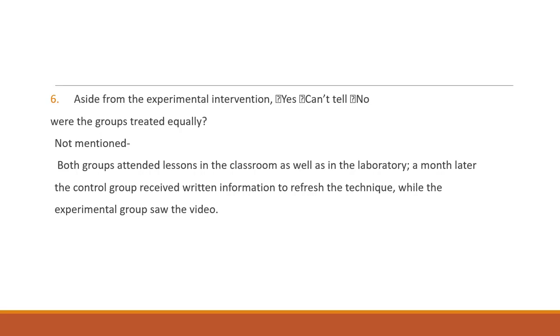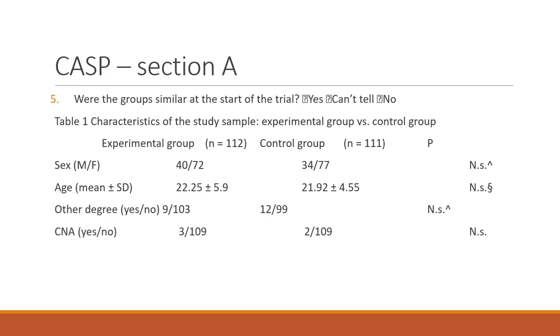So we cannot tell. We do not know if they had access to the hospital clinical rotations, whether they were working elsewhere, because as you can see from the table, other degree yes no and CNA yes no. So there was slight difference, 9 and 12 and 3 and 2.